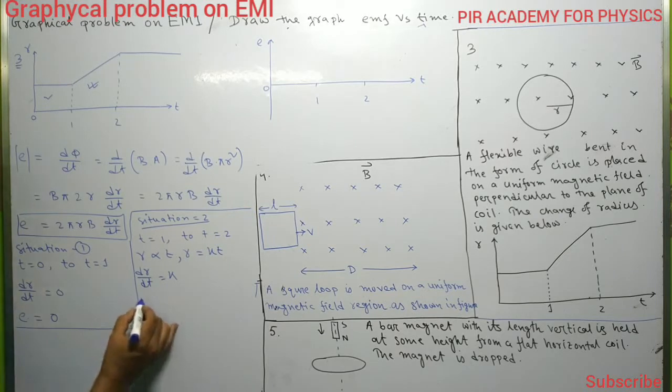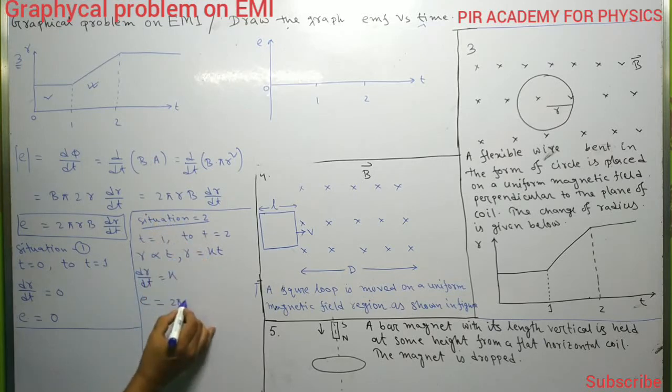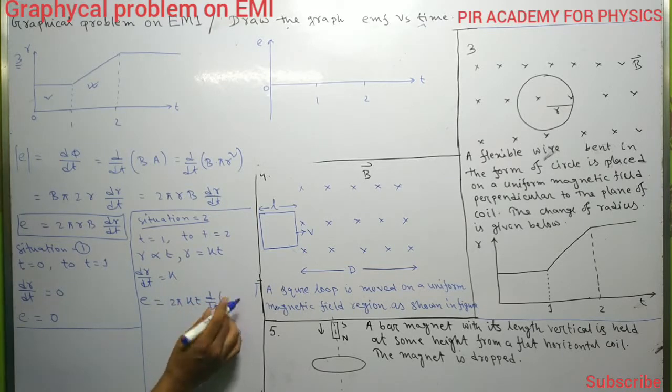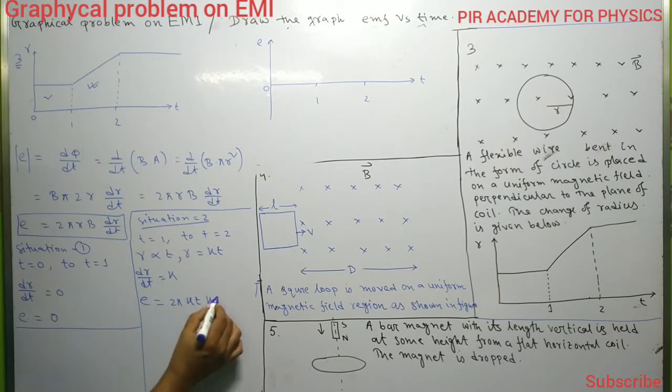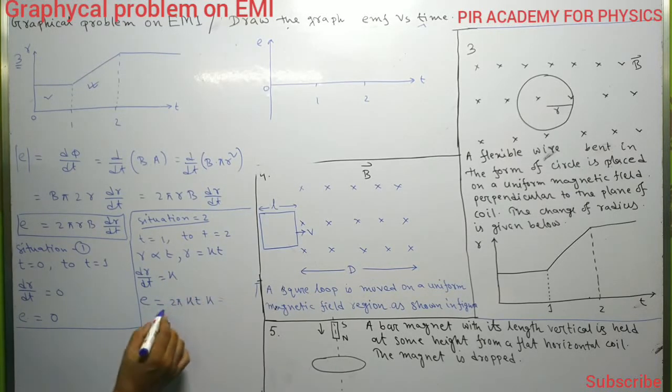That means E will be E equals 2 pi r, that is kt, into dr by dt, and here dr by dt is k. That means it will be 2 pi k square t.